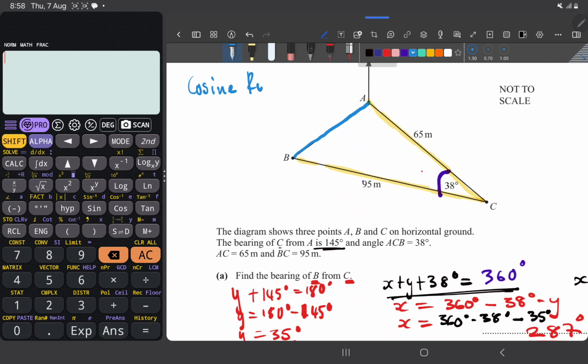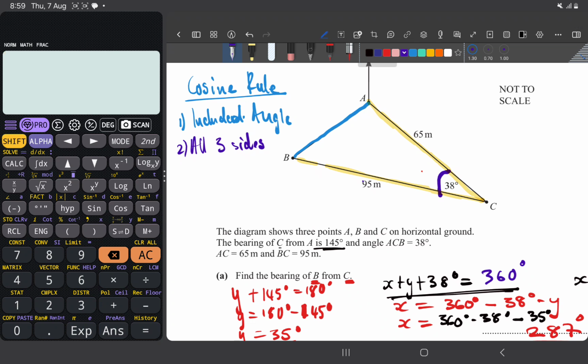So for the cosine rule: number one, an included angle, and number two, all three sides given and they ask for an angle. It's a must. Now you say to me, what is an included angle?